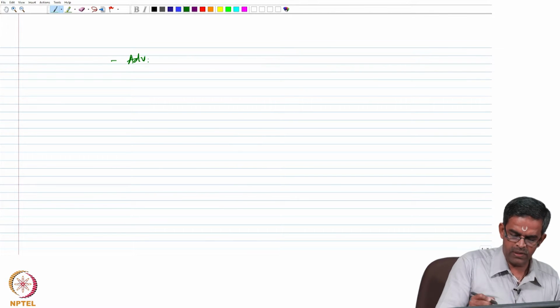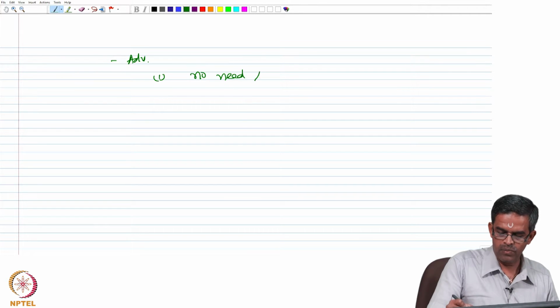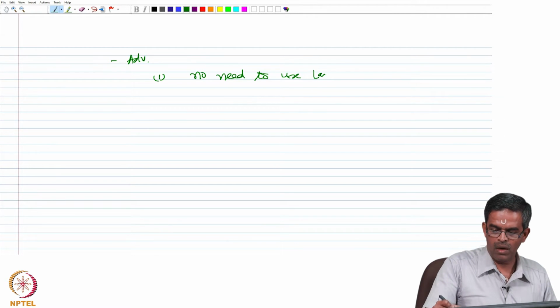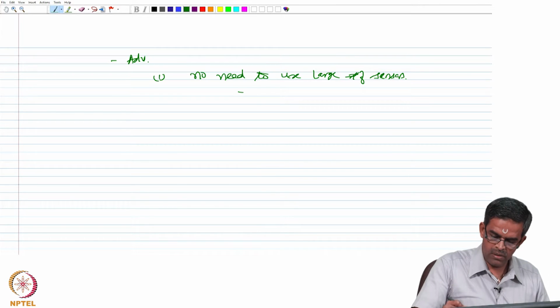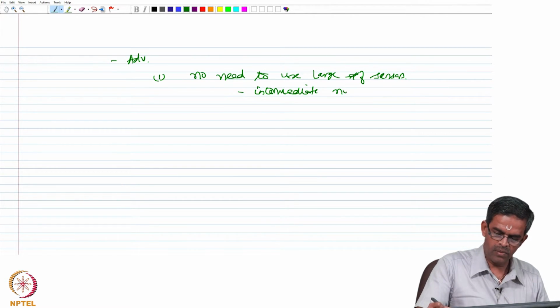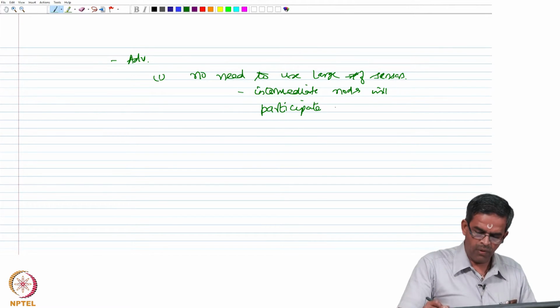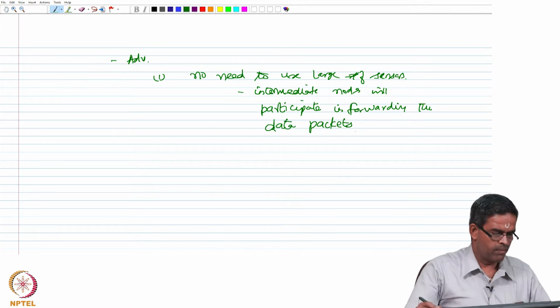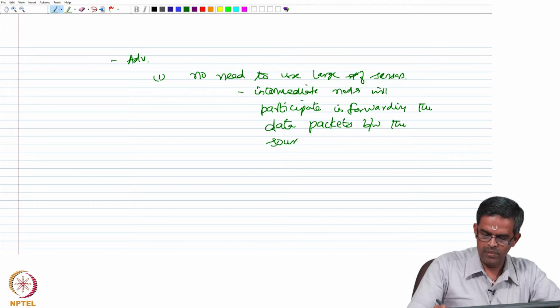The advantage in this case is there is no need to use a large number of sensors, because the intermediate nodes will participate in forwarding the data packets between the source and destination.